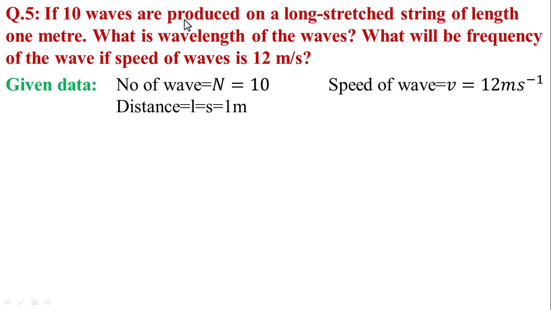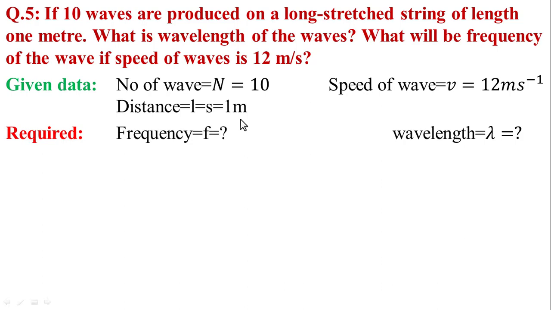Number of waves n is equal to 10 and speed of wave v is equal to 12 meter per second. Distance is equal to the length of string, so S is equal to 1 meter. Required: frequency f is equal to question mark and wavelength lambda is also equal to question mark.